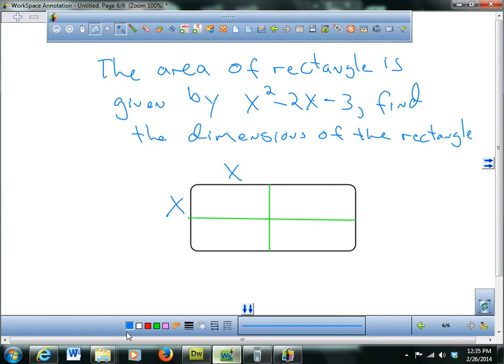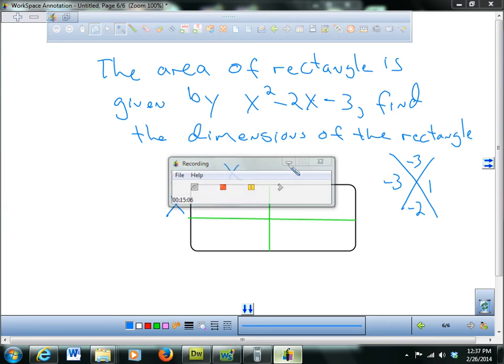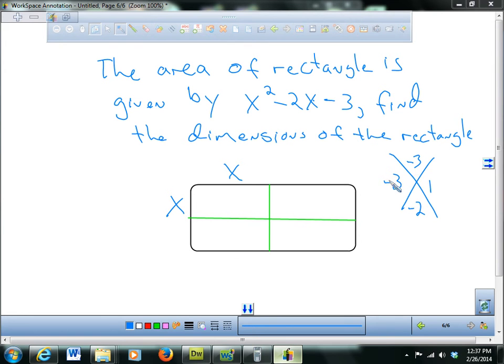So this is a factoring problem in disguise. Negative 3 times 1 makes negative 3, negative 3 plus 1 makes negative 2. So the dimensions of this rectangle are x minus 3 times x plus 1.